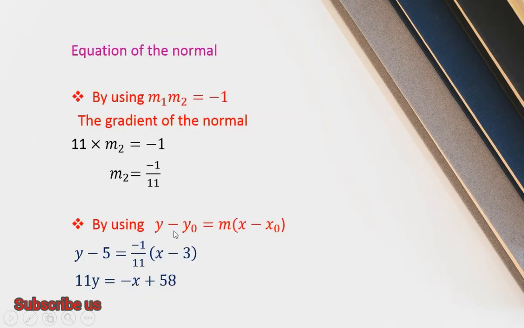For the equation of the normal, we know by using m1 times m2 equals minus 1: if the tangent gradient is m, then the normal gradient is minus 1 over that m. We can get m2 as minus 1 over 11 by using this equation, and with this value, minus 1 over 11, we can get the equation of the normal line.